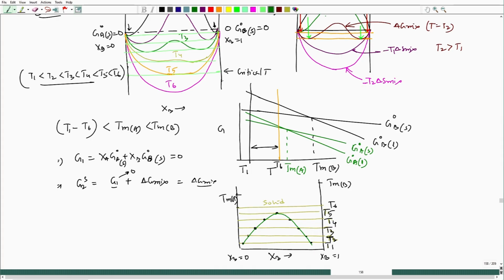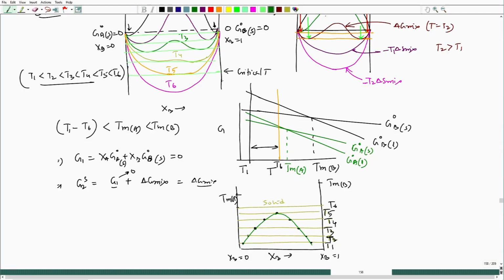Okay. In fact, in the phase diagram we do see such domes, and that dome appears in a situation where delta H mix is highly positive. Also remember one of the assumptions of the regular solution model was that both pure metals have the same crystal structure, and even the solution that is forming has the same crystal structure.